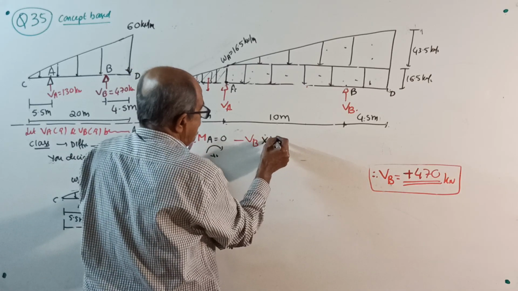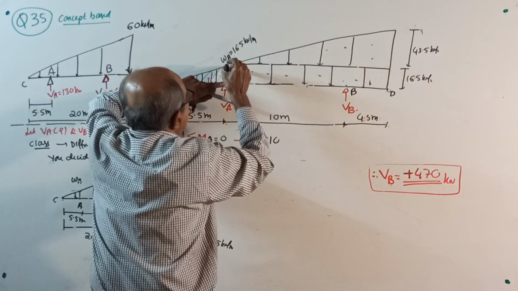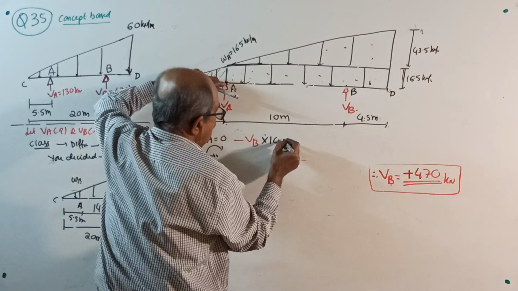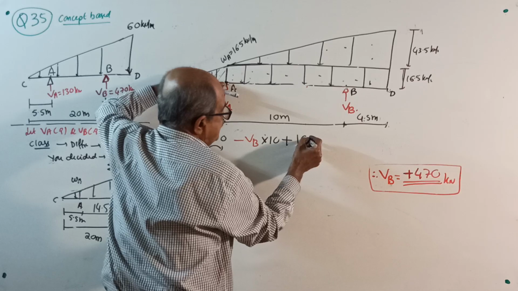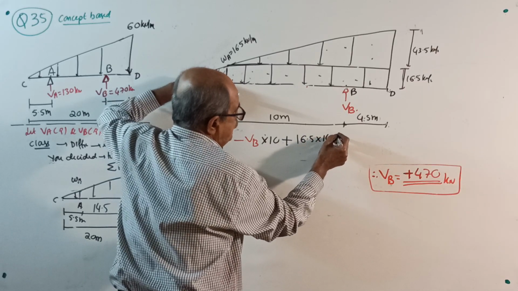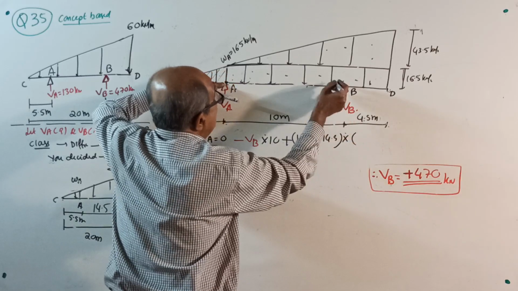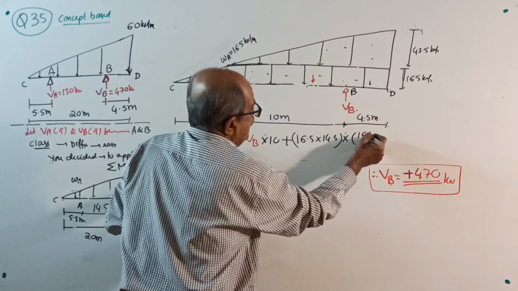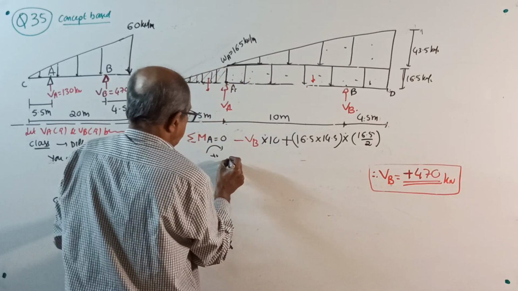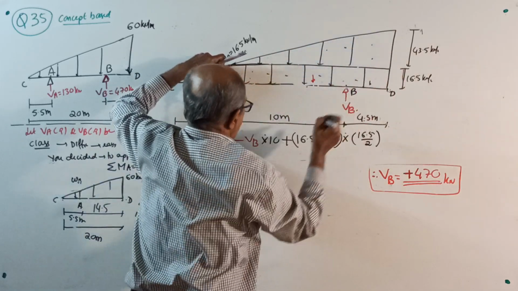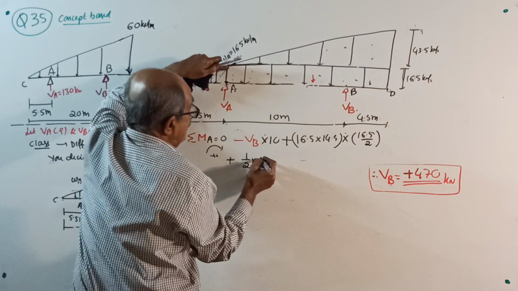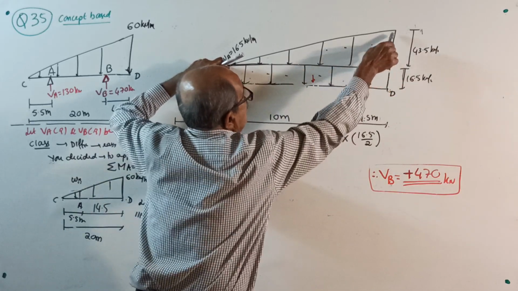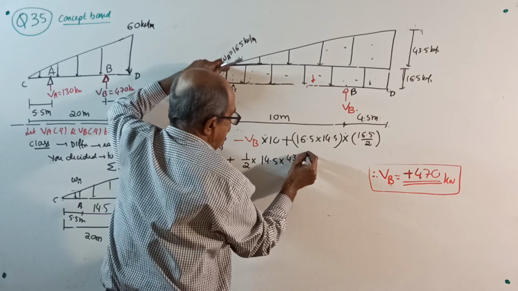Minus VB into 10 plus this UDL, 16.5 into total 14.5, clockwise. 16.5 into 14.5 is the total load, multiplied by, it will act through the center here, 16.5 by 2. Then plus this uniformly varying load, half into total length 14.5, 14.5 into 43.5 is the total load.